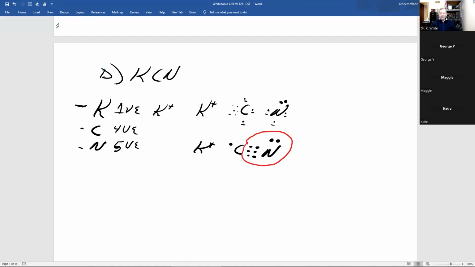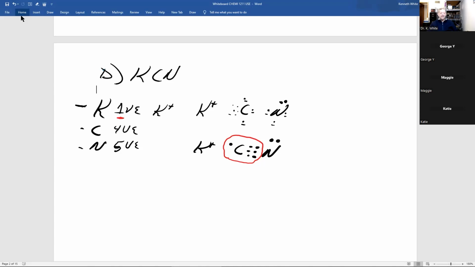That adds up to 8, octet. Now, if we do the same thing for carbon, we have 2, 4, 6, 7. That's not 8. That's not finished. Something's got to go on.